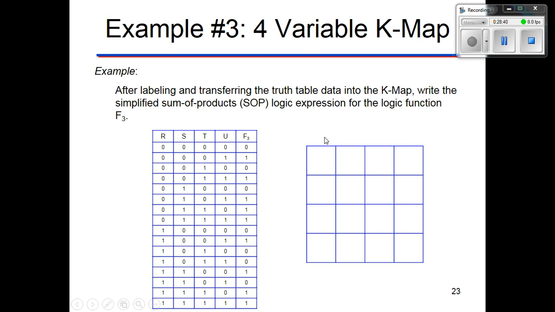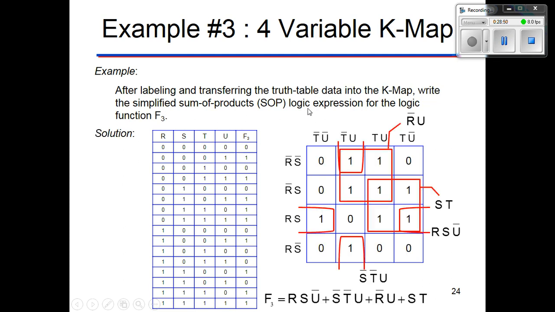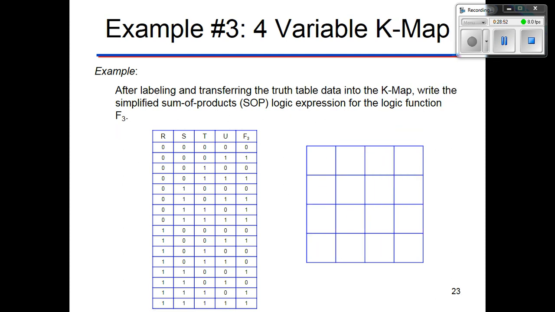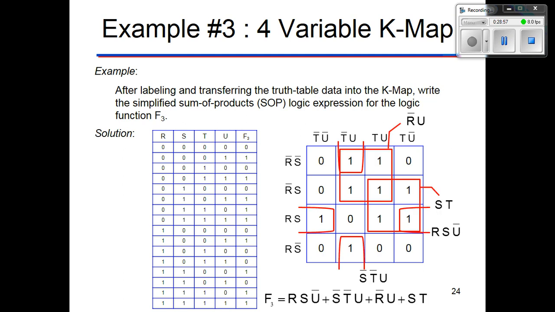So it's going to be not T, not U, not T U, T U, T, not U. And then once again, you're going to transfer all of your minterms in there.